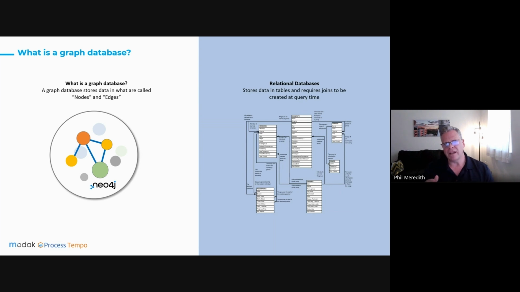Now, on the right is what's called an entity relationship diagram, and this is a depiction of a relational database, and this is what most organizations use and are very familiar with. They store data in tables, and those tables are joined together at query time. That's when you create the relationships, so to speak, between the tables.